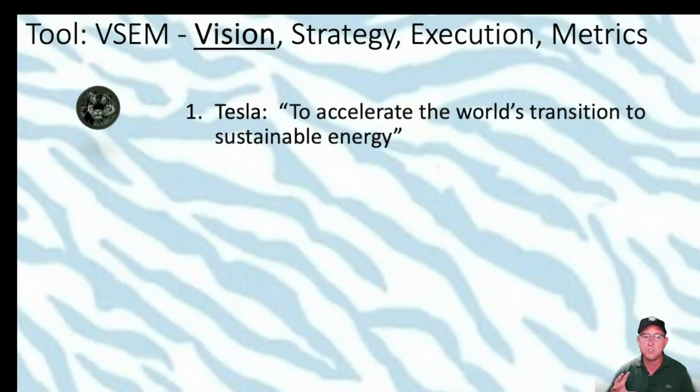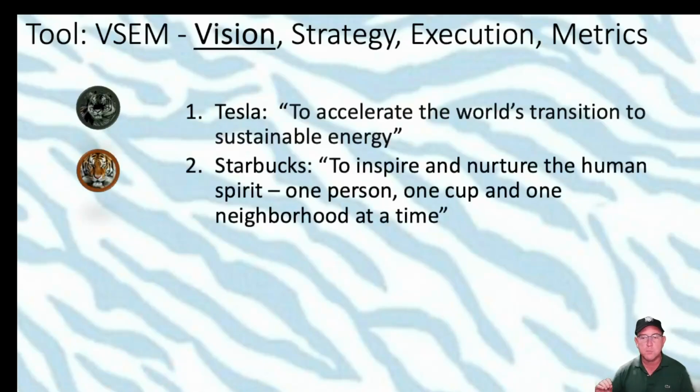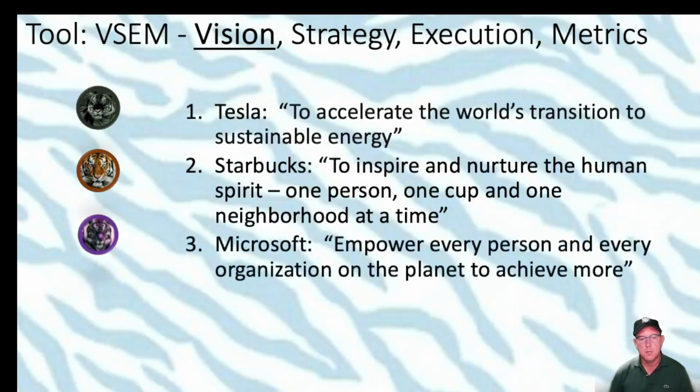Now remember, these visions are big, grandiose. Starbucks is to inspire and nurture the human spirit, one person, one cup, and one neighborhood at a time. One of my favorites is Microsoft. The Microsoft vision is to empower every person and every organization on the planet to achieve more.